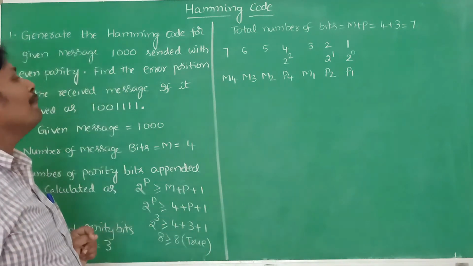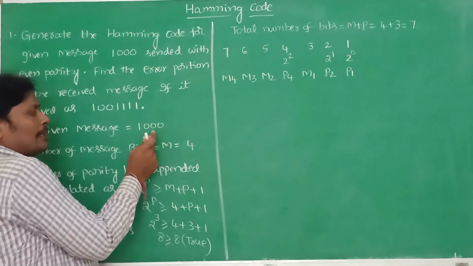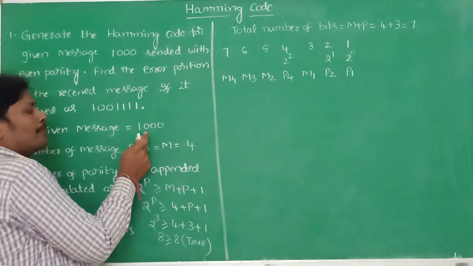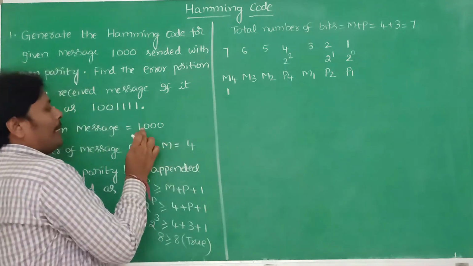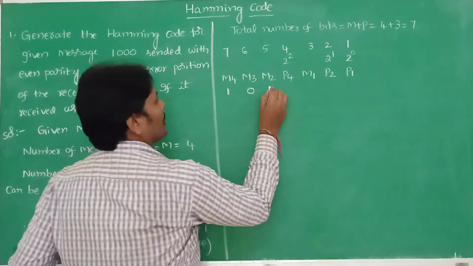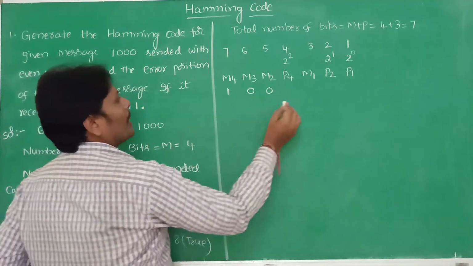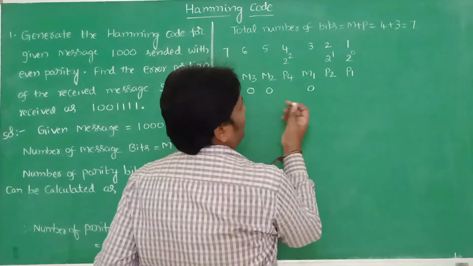What are the M1, M2, M3, M4 bits? This is M1, this is M2, this is M3, this is M4. M4 value is 1, M3 value is 0, M2 value is 0, M1 value is 0. Okay, so these are the message bits.